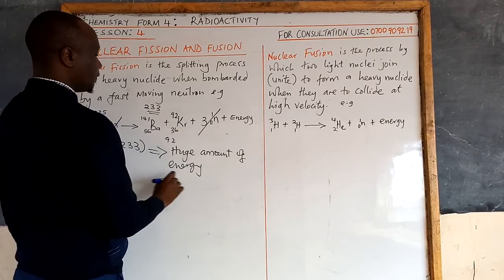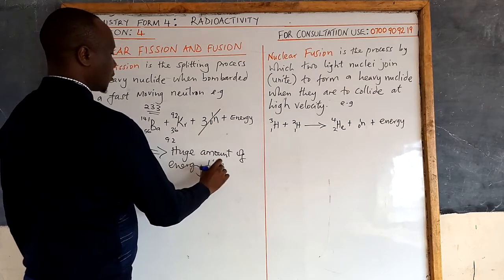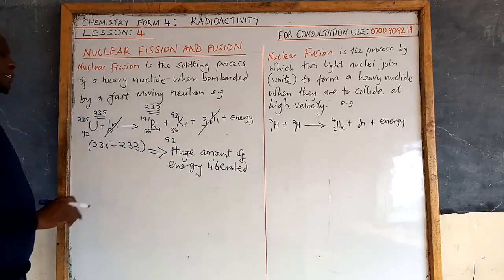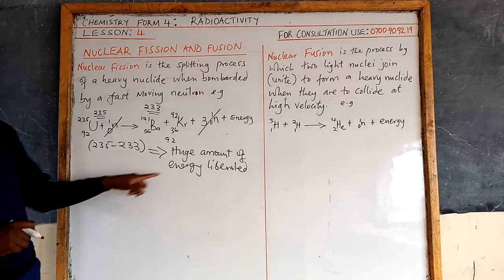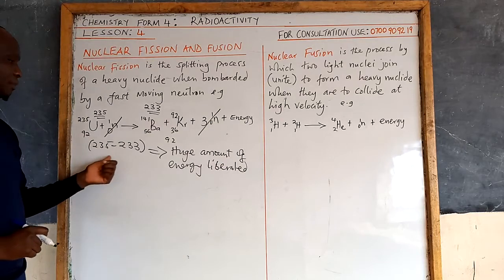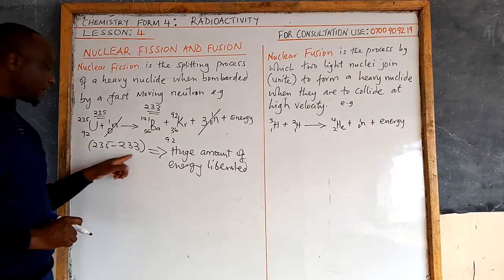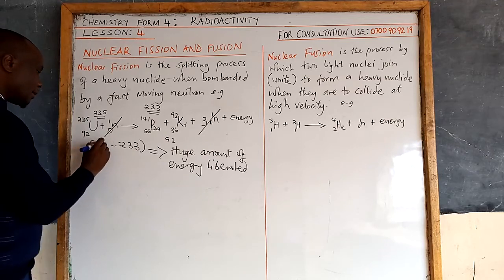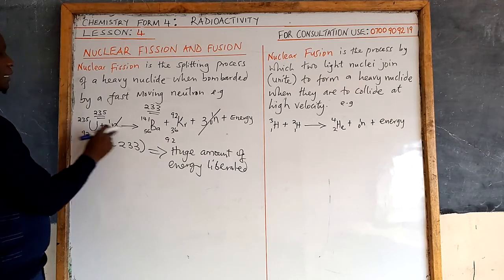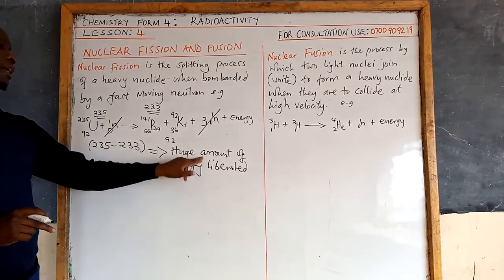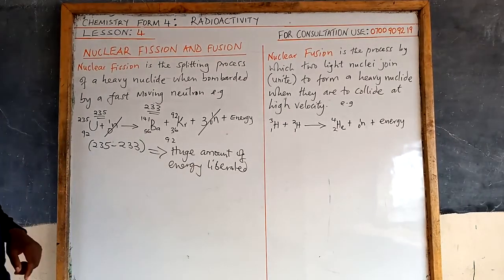As we looked at the differences between chemical and nuclear reactions in the introduction, we said that in nuclear reactions, huge amounts of energy are liberated, and that is explained in terms of the differences in mass. So just a slight difference in mass between the mass of the reactants and the products accounts for that huge amount of energy.